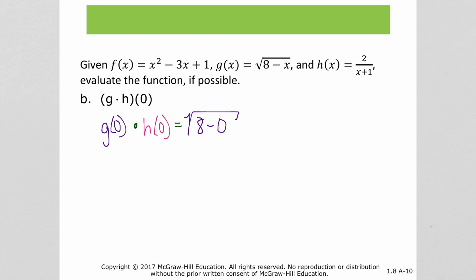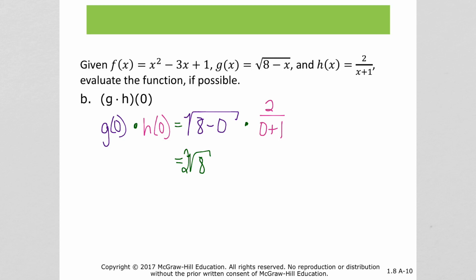And we're going to multiply that by h of 0, which is 2 over 0 plus 1. 8 minus 0 is just 8, so we've got the square root of 8 times 2 over 1.